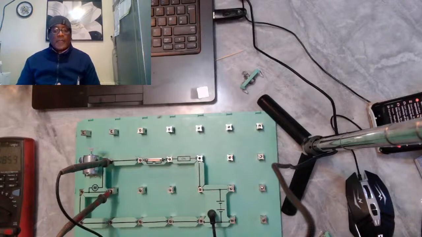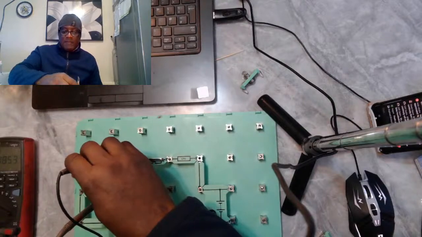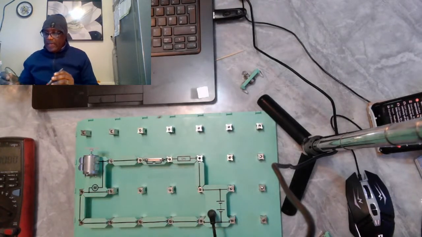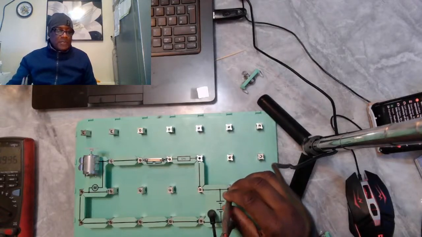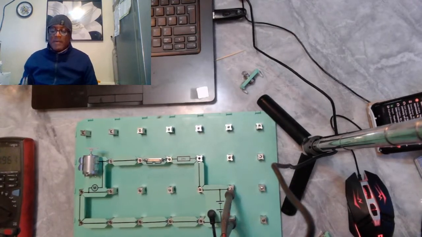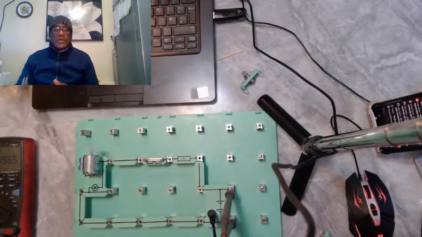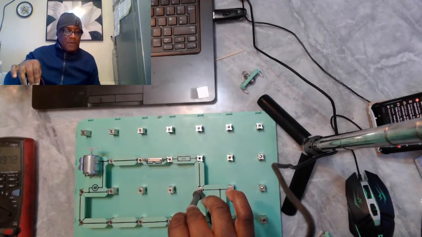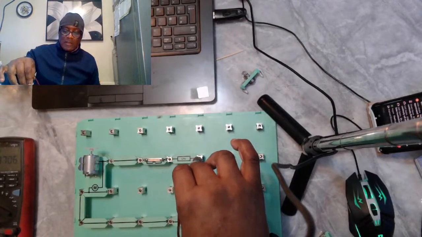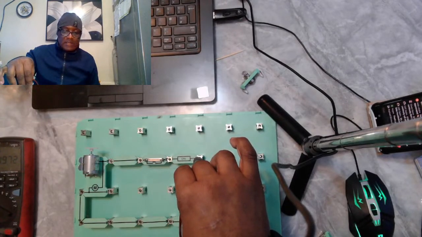Okay, so if I go on the ground side and then the positive side, I have my battery voltage. So now I can go and check my positive side for voltage.